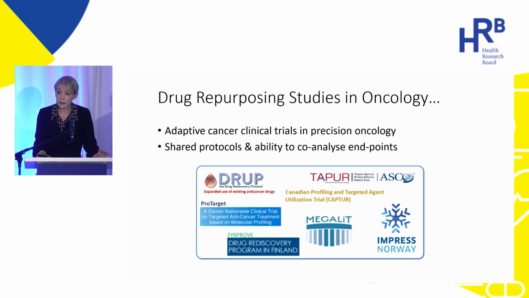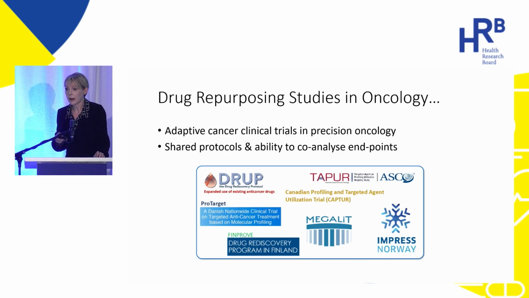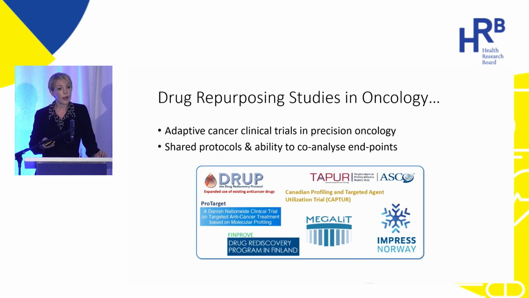And there's very good international examples, particularly from the Netherlands, from Denmark, from Norway, from Canada, of large-scale national studies that have utilised this type of platform study approach to make sure that patients have access to comprehensive genetic sequencing and that they have access also to a drug that might help them. And most importantly, that we are capturing that information in a prospective study and ensuring that it can be used to assess the utility of that drug in that individual patient or group of patients at that time.